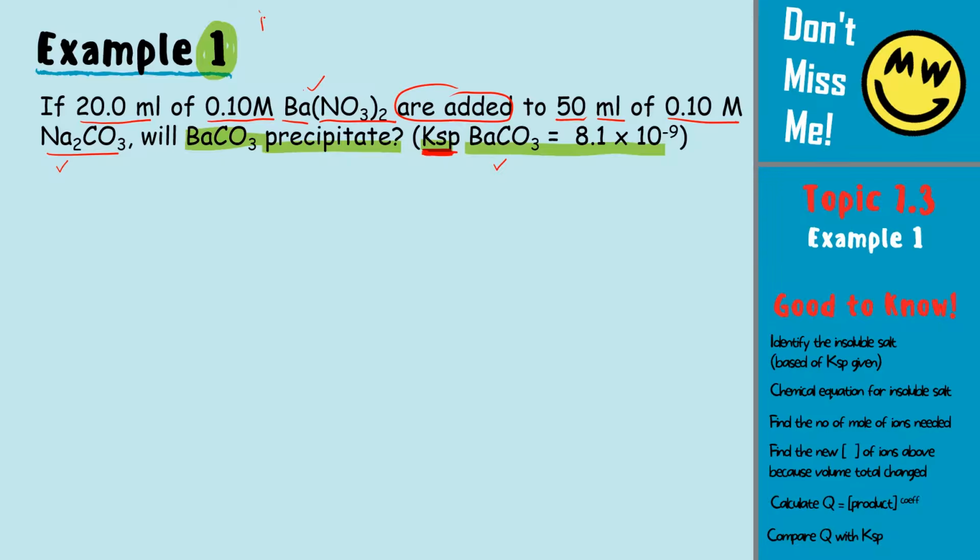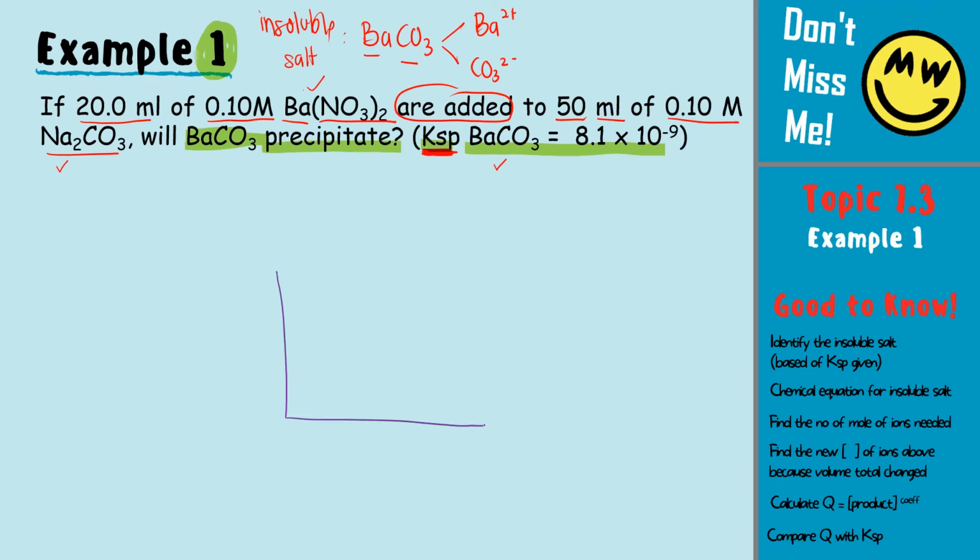So the first step is to identify the insoluble salt. And our insoluble salt in this question is your barium carbonate. Alright? Knowing that your barium carbonate over here, broken out, will be your barium 2 plus and your CO3 2 minus. Agreed?